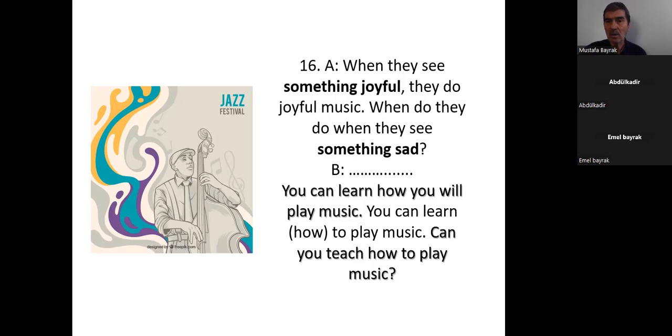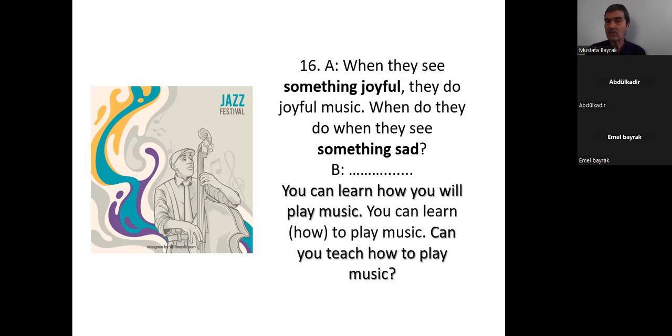You can learn how you will play music. Here, how is a conjunction, not a question word. You can learn how to play music is a shortcut. Can you teach how to play music?